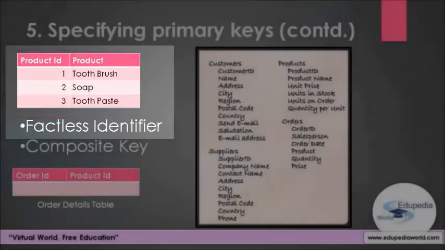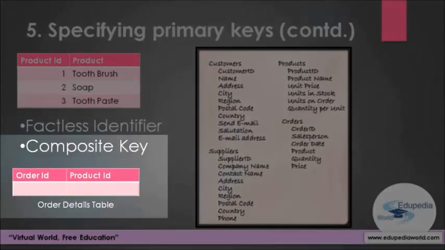In some cases, you may want to use two or more fields that together provide the primary key of a table. For example, an order details table that stores the line items for orders would use two columns in its primary key, order ID and product ID. When a primary key employs more than one column, it is also called a composite key.